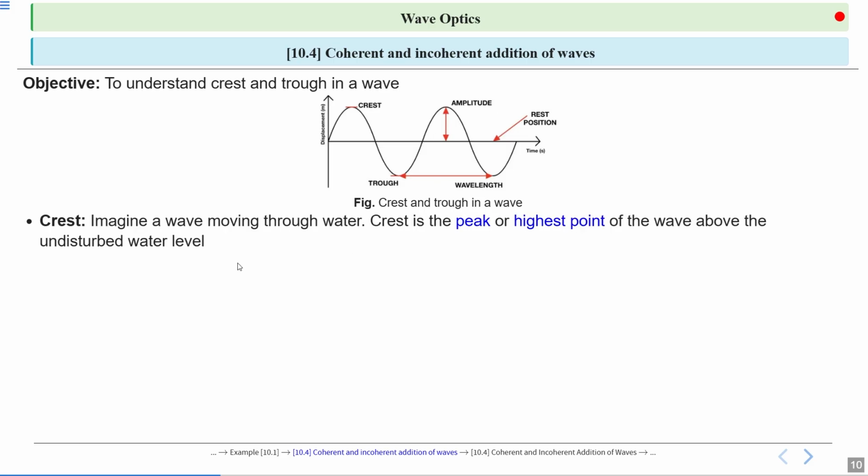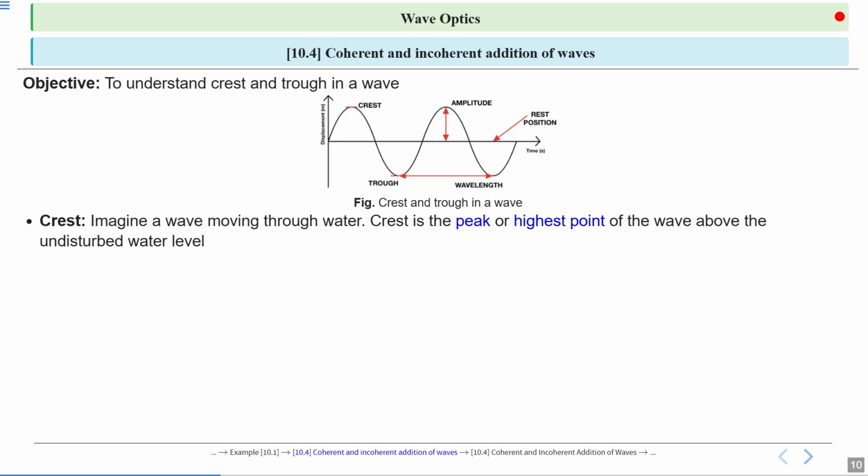So what is a crest? Imagine a wave moving through water. The crest is the peak or highest point of the wave, this point, above the undisturbed water level. If water is undisturbed and then it is disturbed, then waves and ripples are formed.